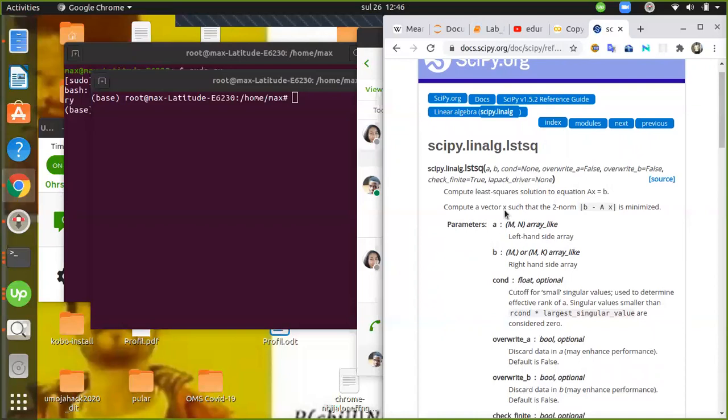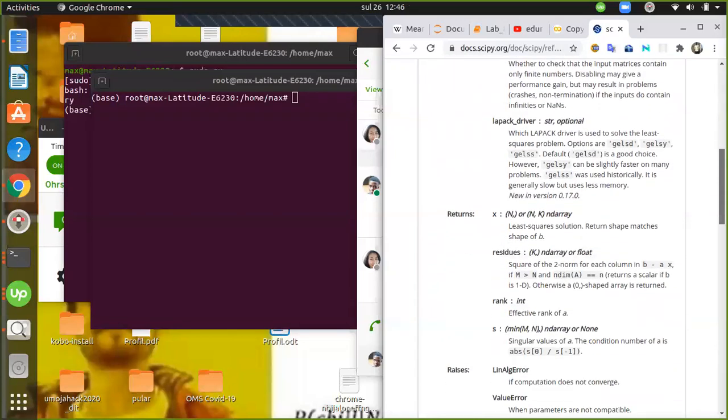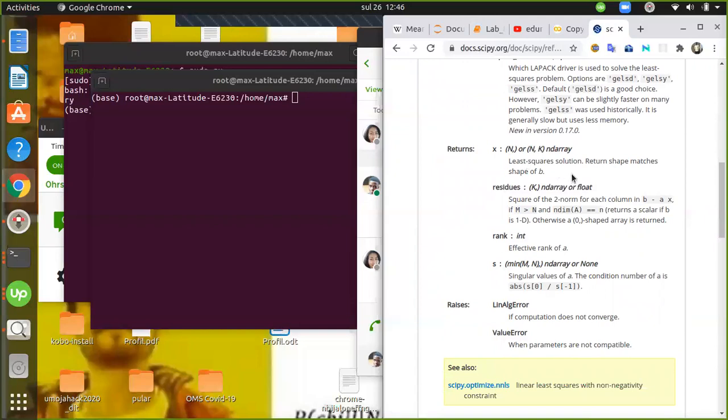This is the grade. It remains the value a we should provide. I will come back to it later. When it makes the computation, it returns the least square solution of the shape of the weight. It returns four values: x, the residues, the rank, and s.